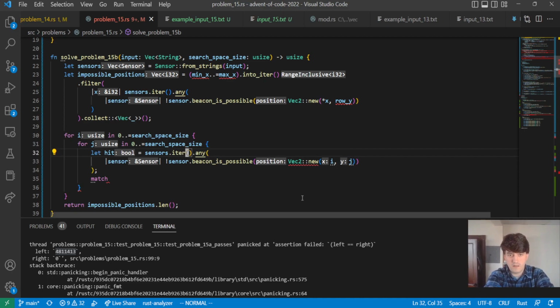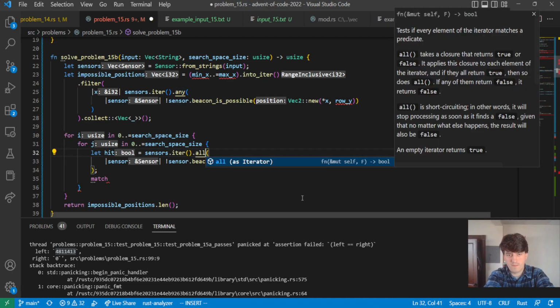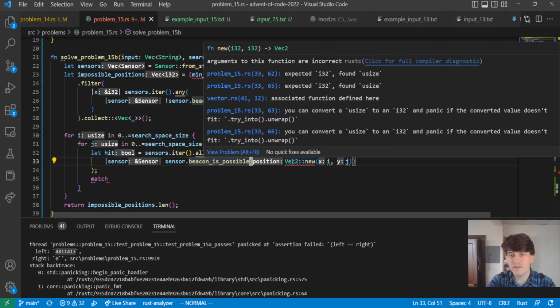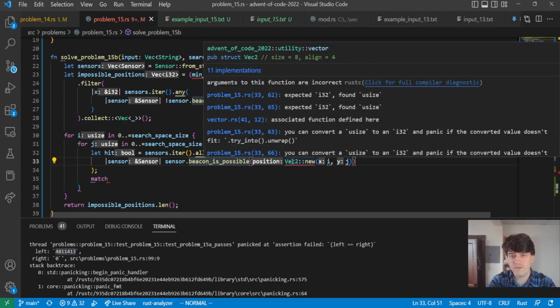It's all, beacon is possible. So this will exit every time that it finds a single failure, which will happen as soon as possible, or at least sooner rather than later, because we're using the widest sensors first. And now beacon is possible. What's the issue here? Expected i32, found usize.